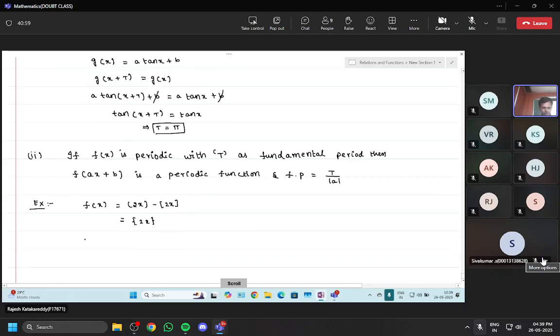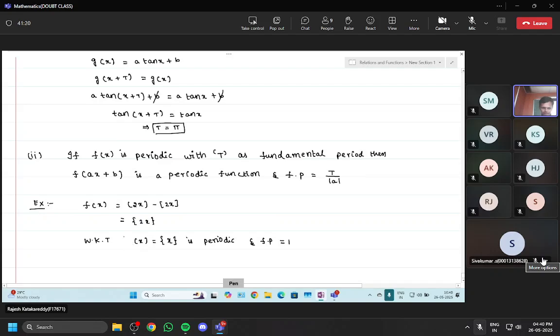Now, we know that f of x equals greatest integer of x is periodic, and the fundamental period of that function is 1.